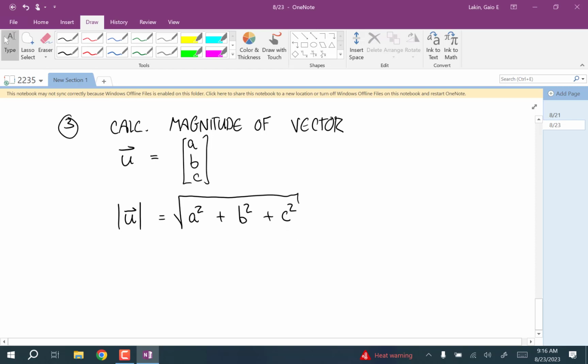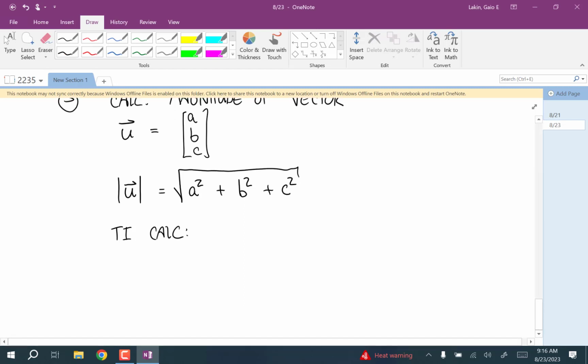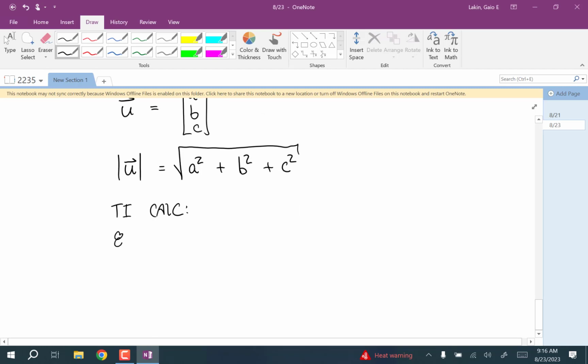Okay, in a TI calculator, some TI calculators, if you're lucky, they have a built-in function for this. I think it's 89s and Inspires have this function built in.